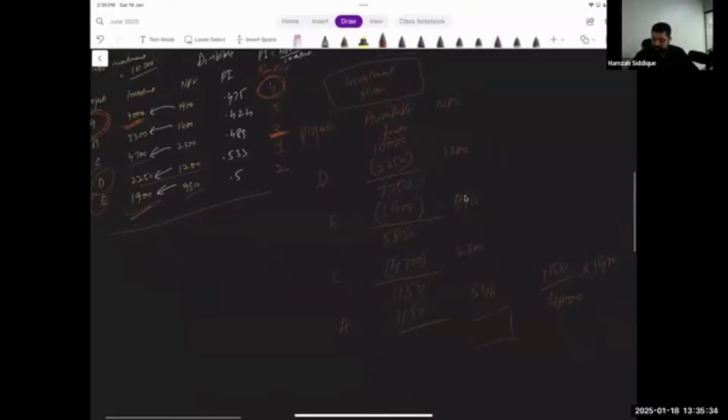So this will be the total NPV earned: 546 plus 2,300 plus 1,200 plus 950, which is 4,996. So the best investment plan is that the company should invest in projects D, E, and C in full and in project A partially.